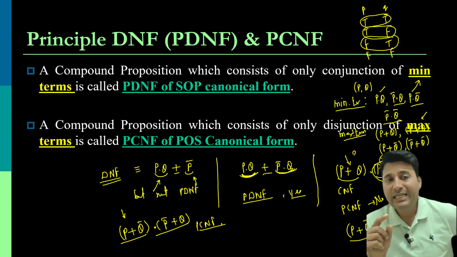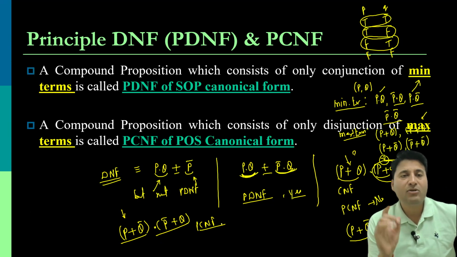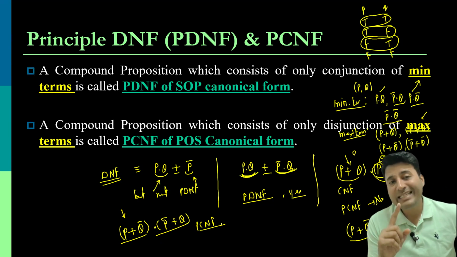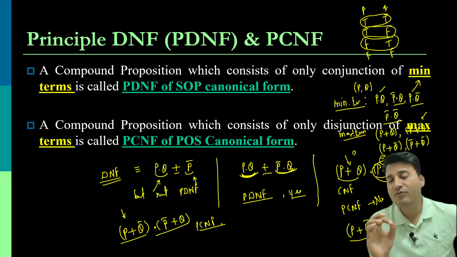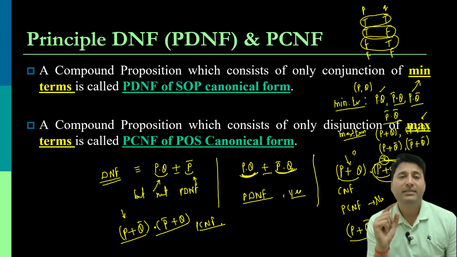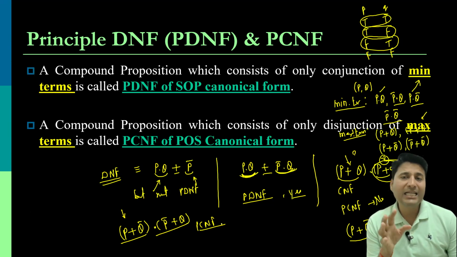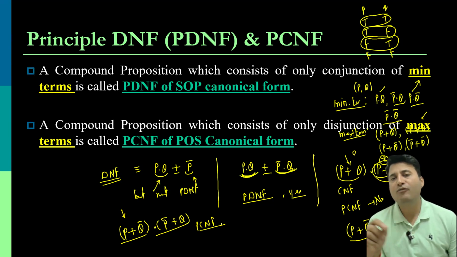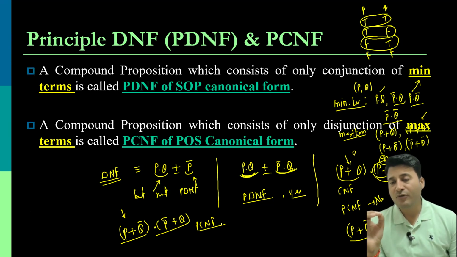A PDNF which consists of all the min terms is called the complete DNF. A PDNF which consists of all the min terms is called the complete disjunctive normal form. A CNF or PCNF which consists of all the max terms is called the complete conjunctive normal form.